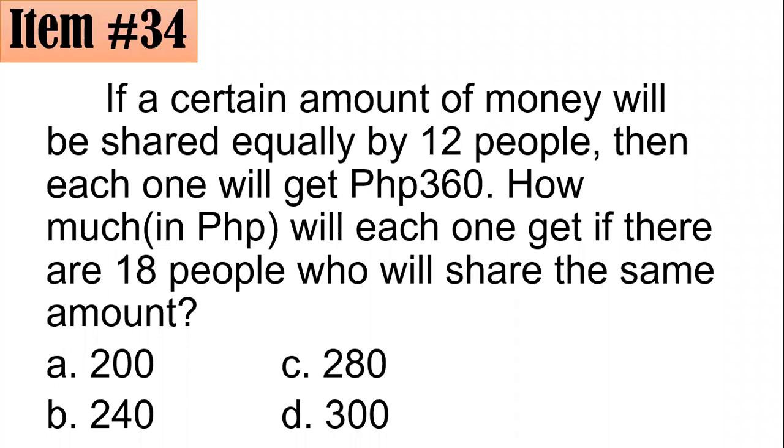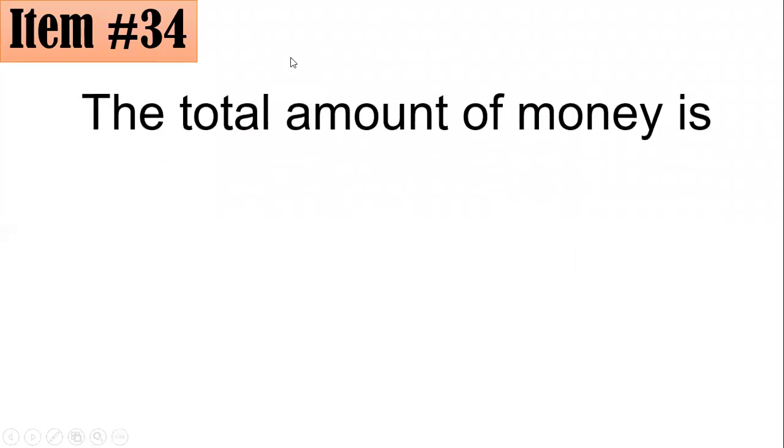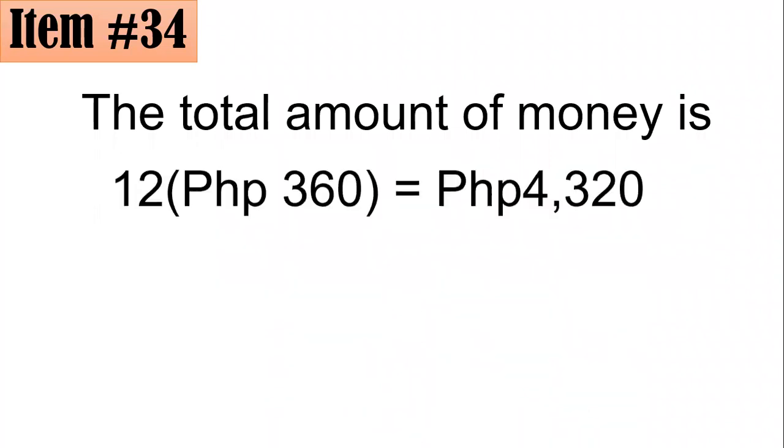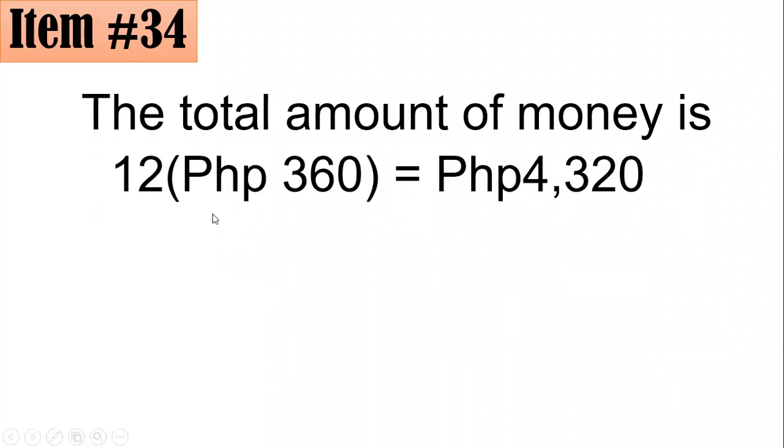Salamat. Okay, so I do agree with Sir Kim, and I think the same sentiment was also given by the other reviewees as well. So the total amount of money could be determined by multiplying the number of people and the amount each one gets. That's why each of the 12 people received 360 pesos. So the total amount of money should be 12 times 360 pesos, which is 4,320 pesos.